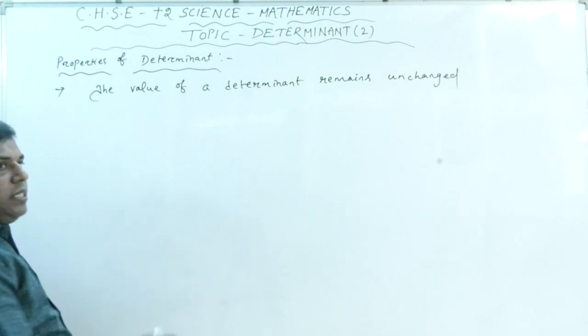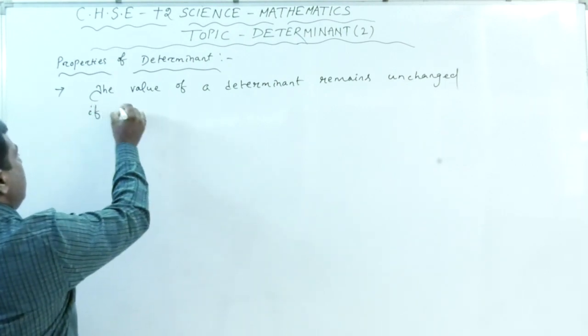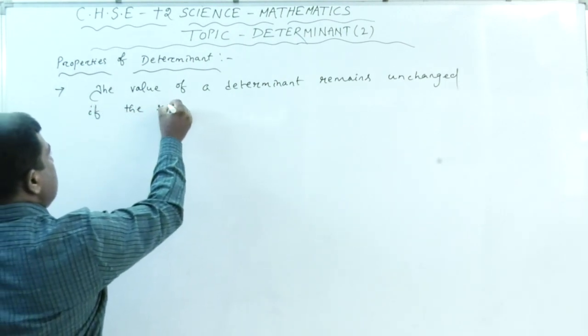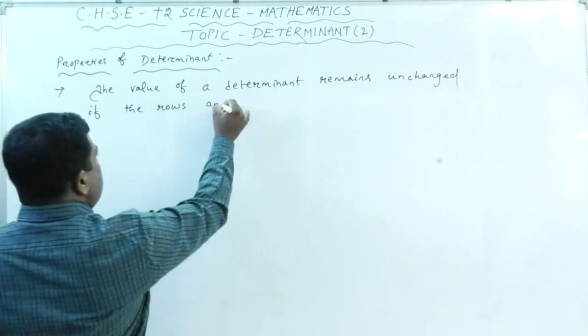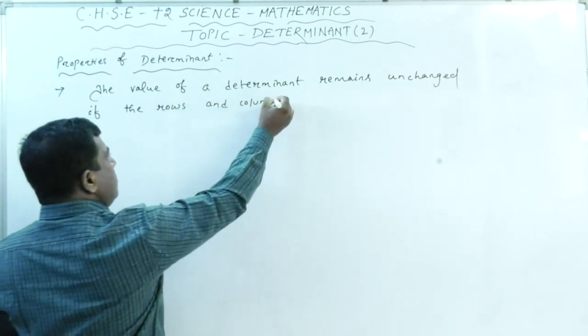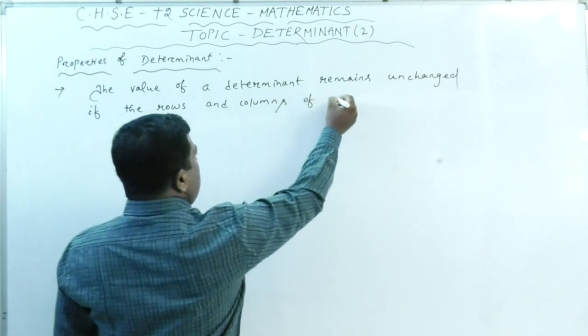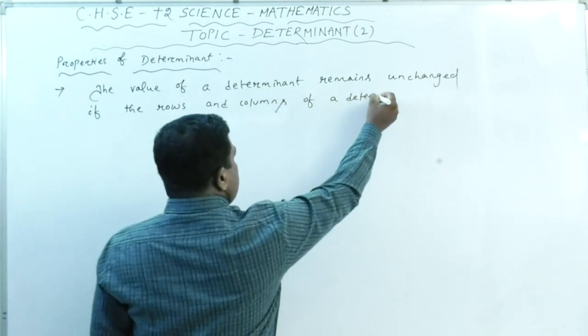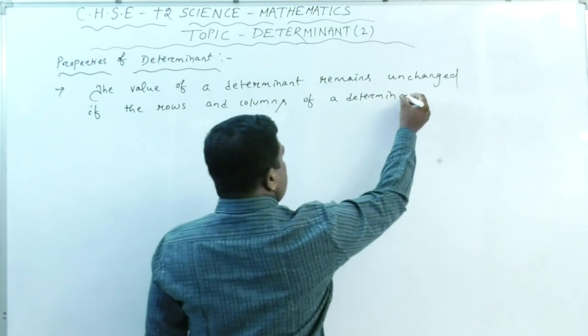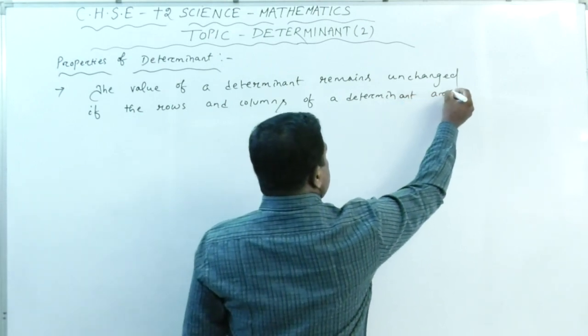Remains unchanged if the rows and columns of a determinant are interchanged.